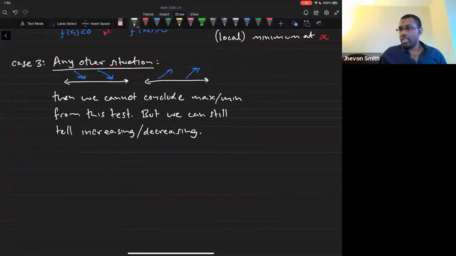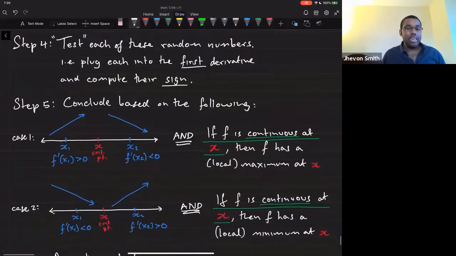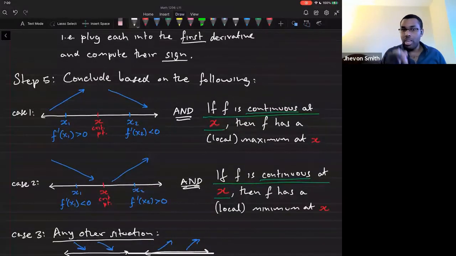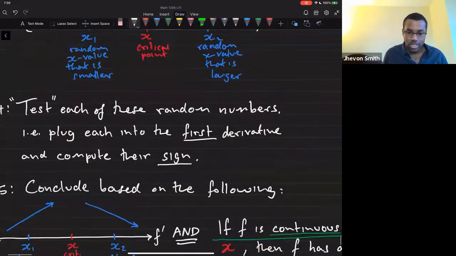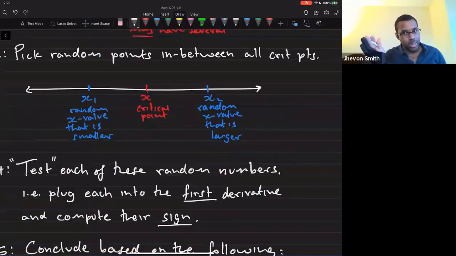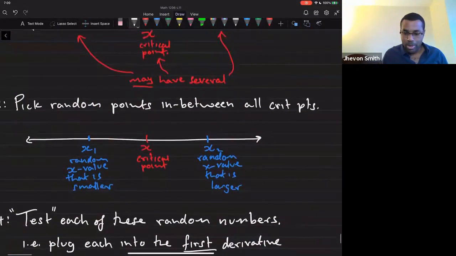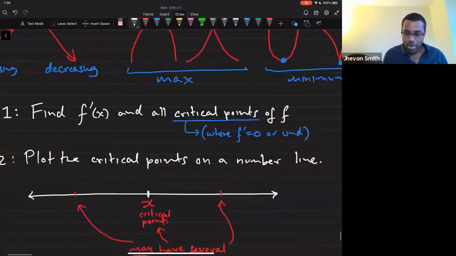The concavity test is actually pretty similar, but of course it talks about concavity, which means we're essentially going to do the same thing, but with the second derivative. So here, sometimes just to remind myself, I will literally write f prime beside the number line to remind myself: plug into f prime, plug into f prime, plug into f prime.